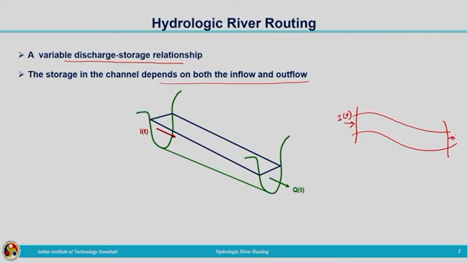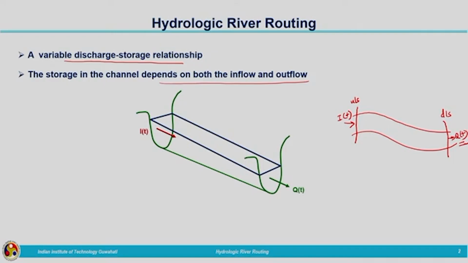By making use of that, we need to find the outflow hydrograph at the downstream end. Outflow hydrograph means the temporal variation of stream flow at the required location at the downstream section.